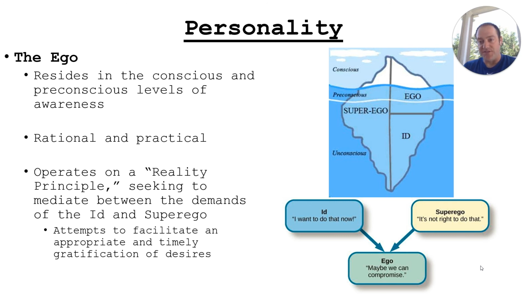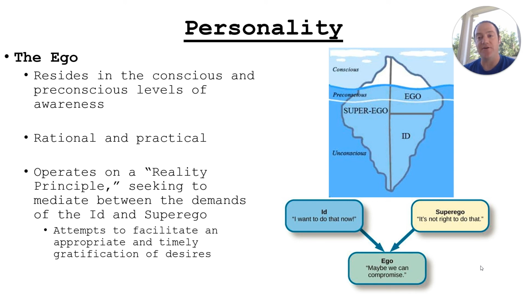Now, another thing I will say, and I used to have a picture of this on slideshows, and it got a little confusing. Don't always think of the id and the superego as being like an angel and a devil on your shoulders. Some people think that the id is always wrong and the superego is always right. Again, not necessarily.